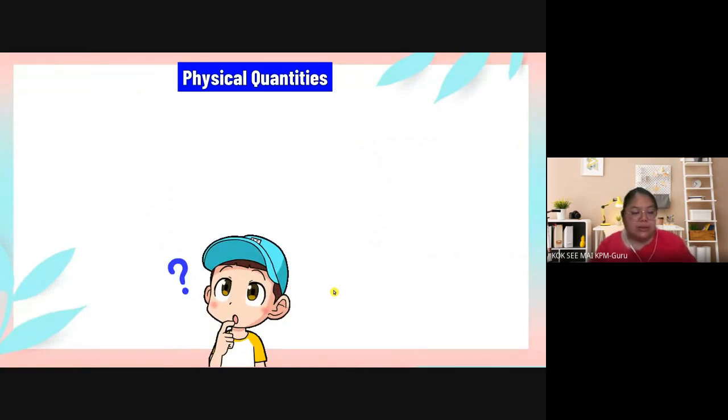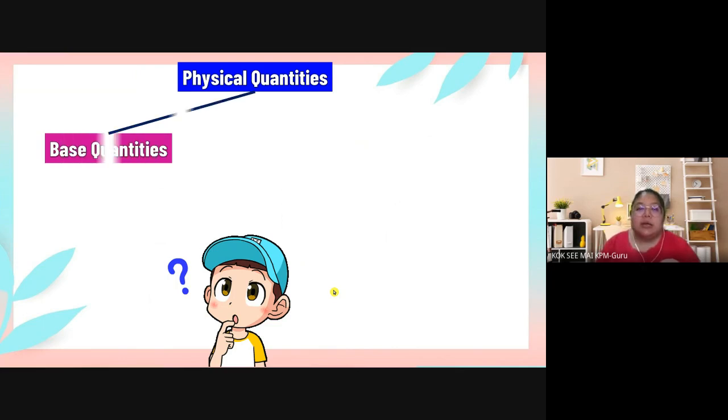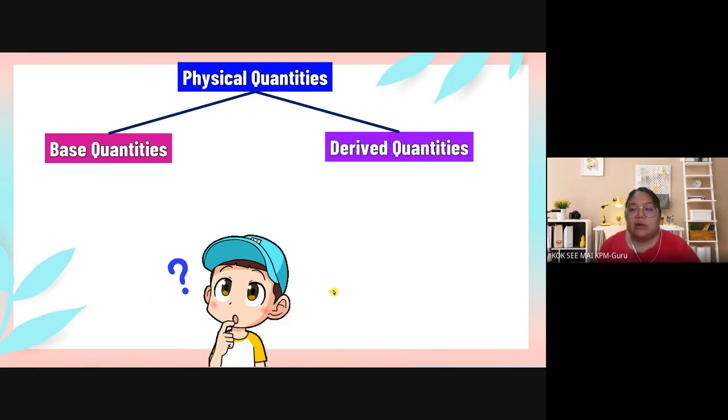Okay, then we go and see the physical quantity separate by two parts. Okay, 分两种。Okay, first one we call base quantities. 最普通的啦 base quantities. Okay, another one we call derived quantities. Okay, base quantity, what's the meaning?